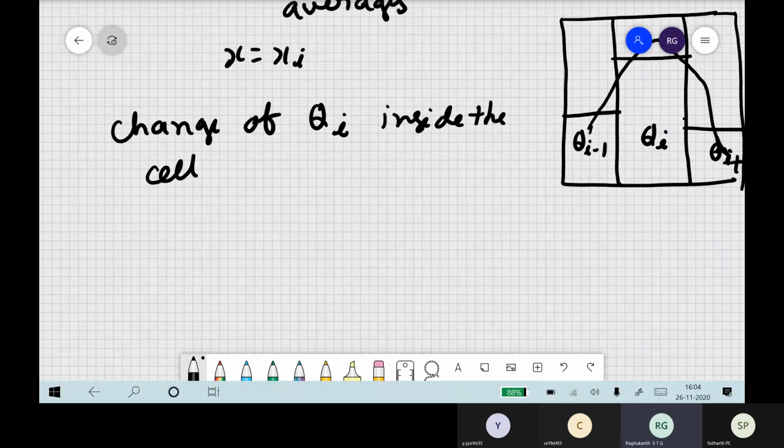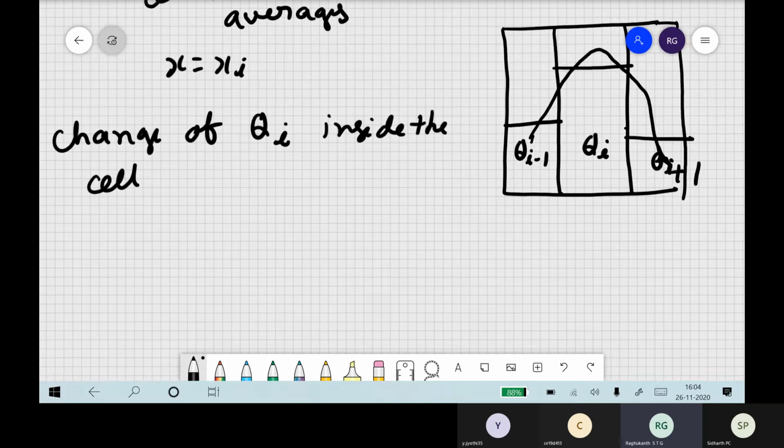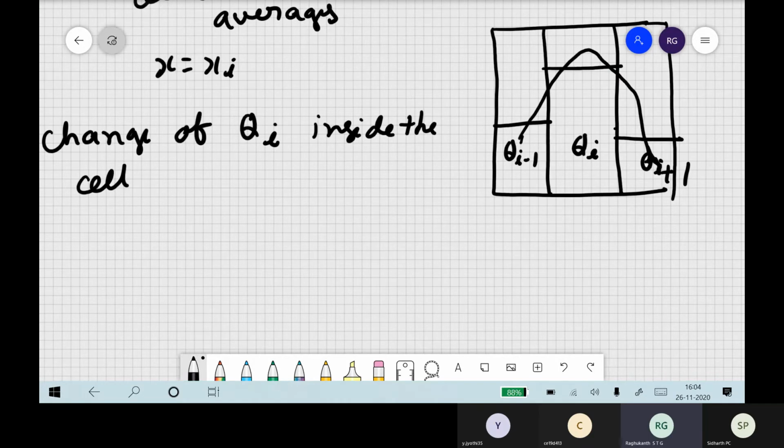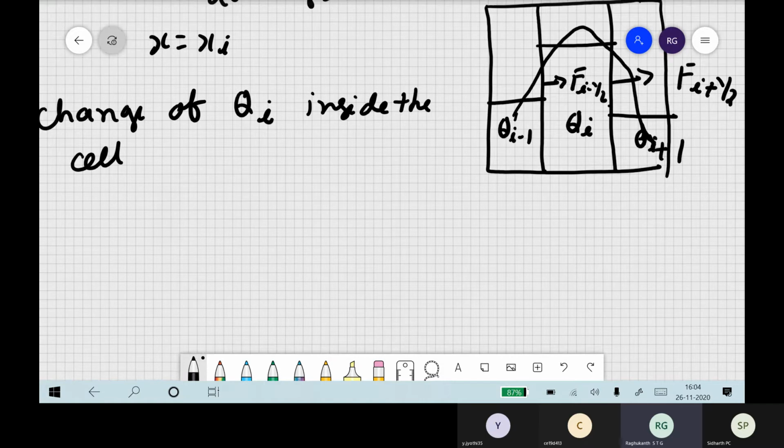Inside the cell, it depends on how much is coming in through the boundary, that is Fi minus half. Here this is F at i plus 1 by 2. These are our boundaries. So i minus half and i plus half indicate the flux.